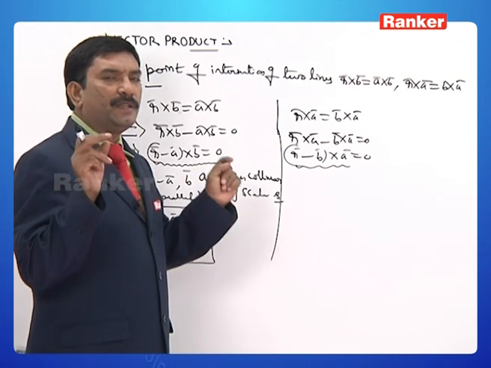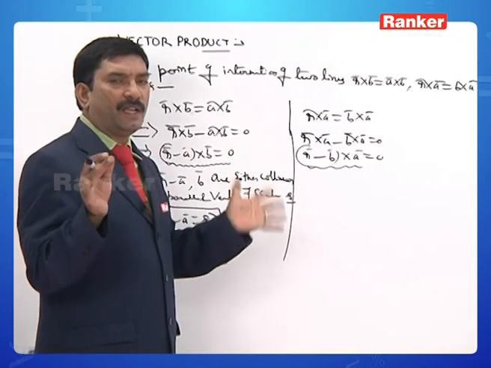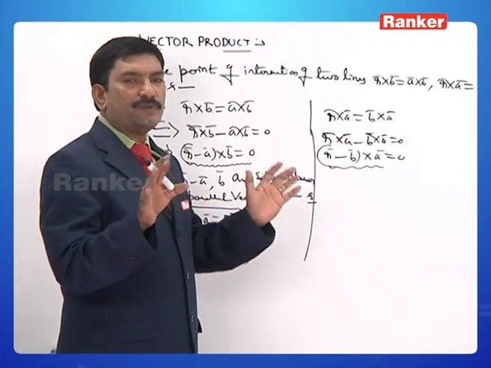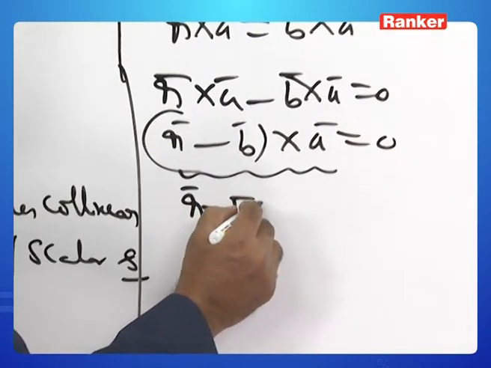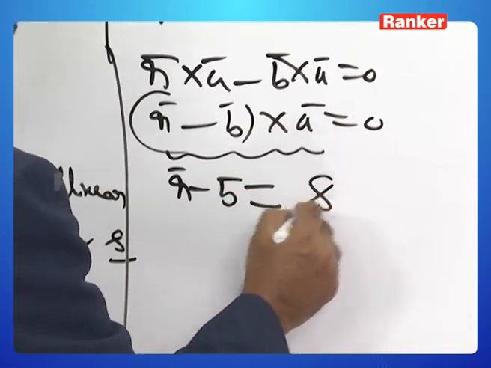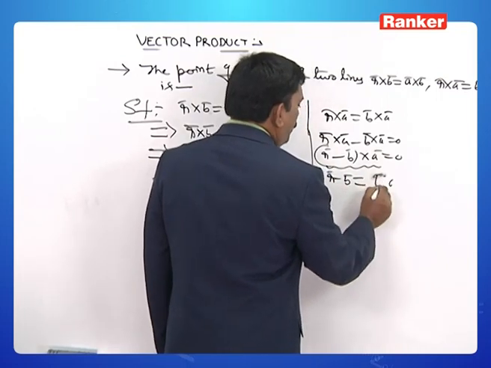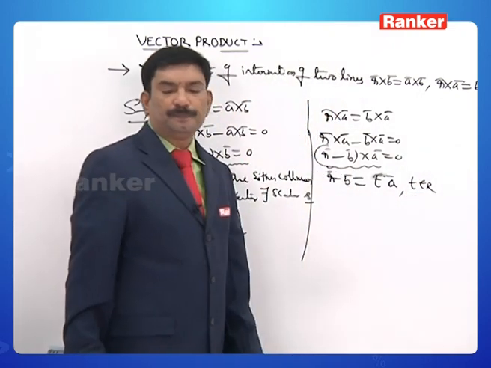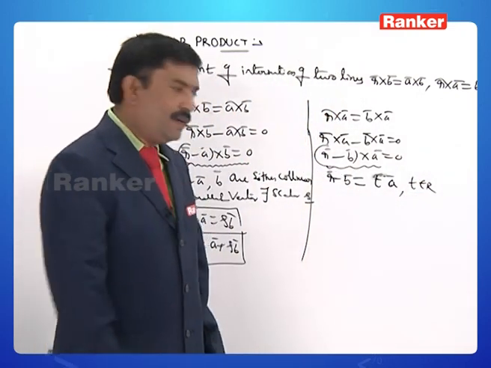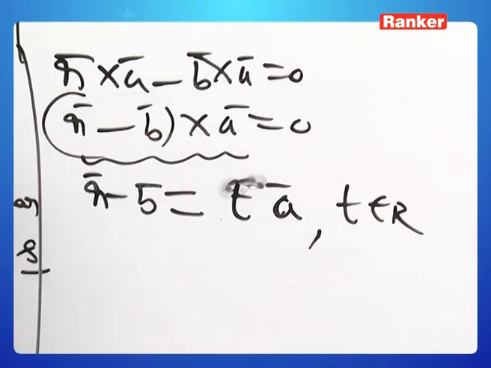While finding the point of intersection of two lines, or two planes, or a plane and a line, you are not supposed to use the same scalar. Therefore, I can write R bar minus B bar is equal to T into A bar, where T belongs to R. So one vector can be expressed as a scalar multiple of another vector.